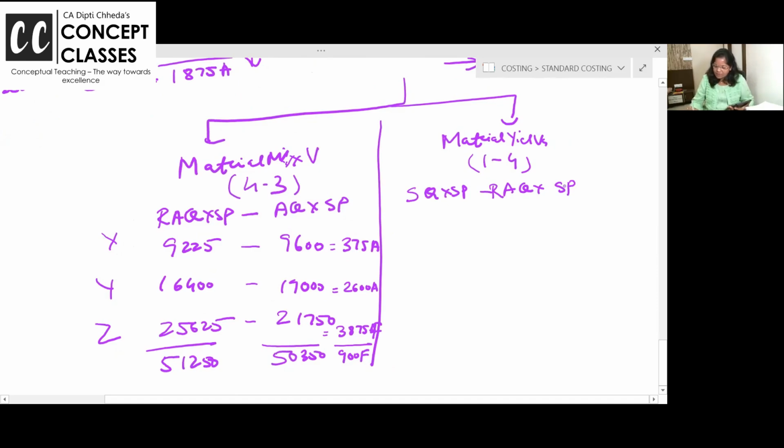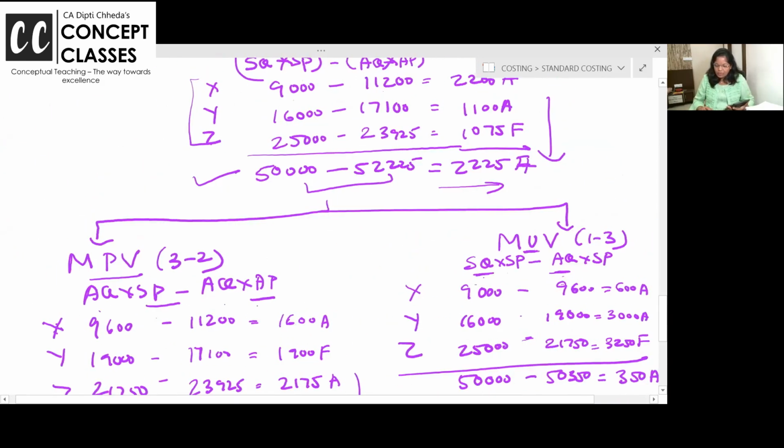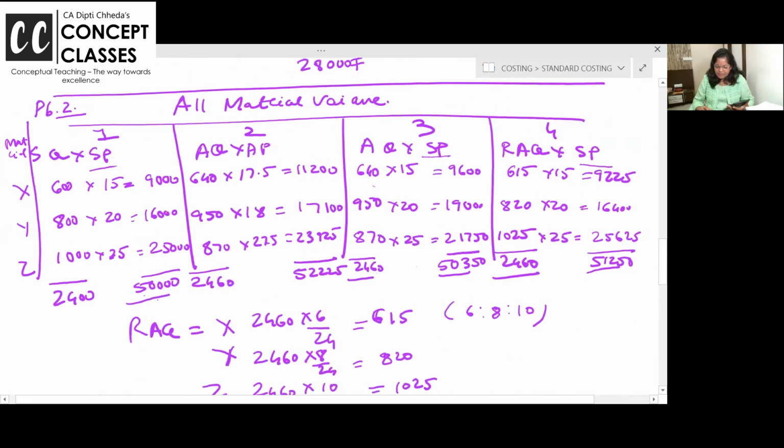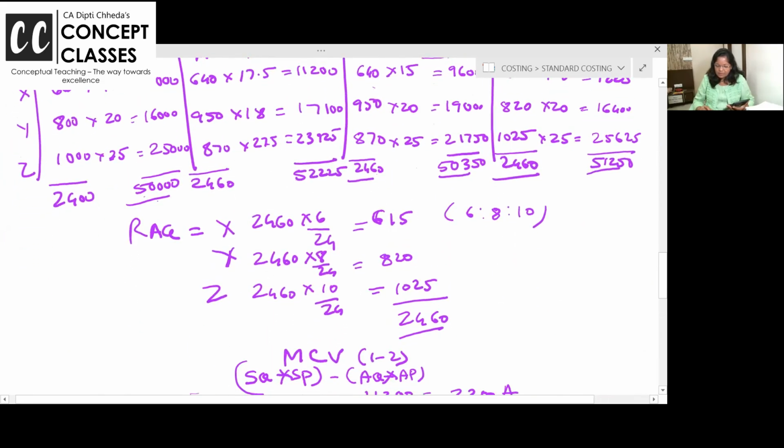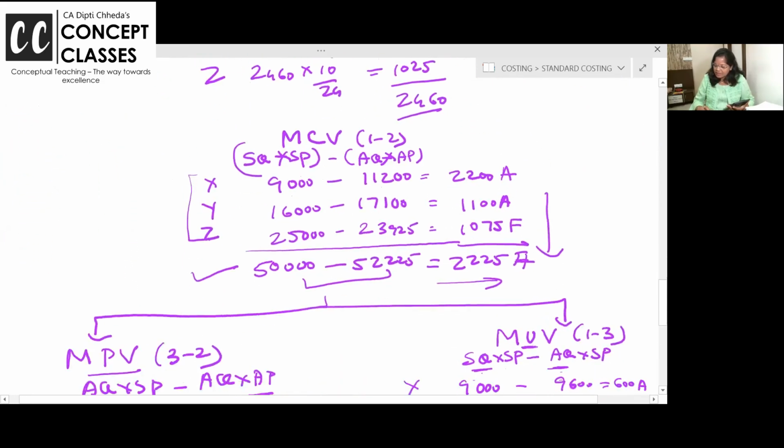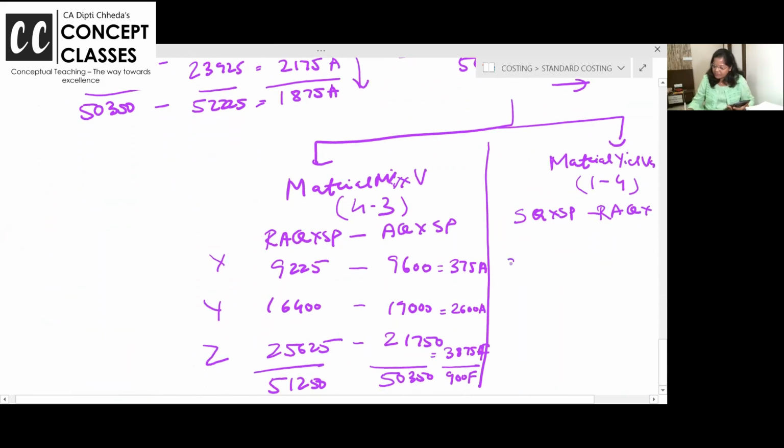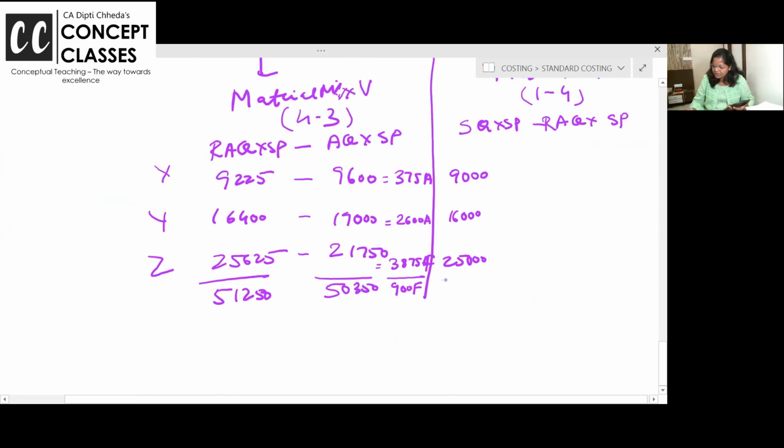I'll tell you what is this. First you complete writing. What is the first column? Standard quantity into standard price. 9,000, 16,000, 25,000 and total.